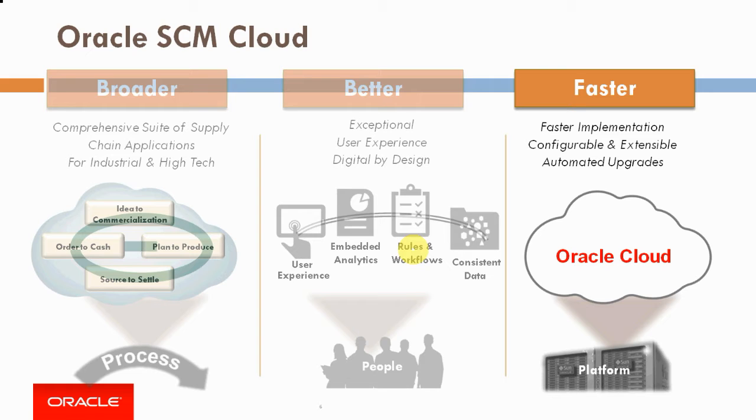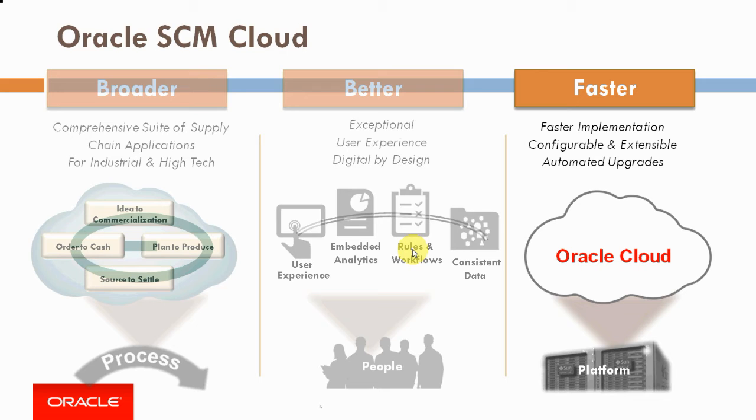It's also highly configurable, and most of the common integrations and functionality used by most customers is inbuilt, so you don't have to build more customization, because the vanilla cloud application itself has most of the needed functionality.